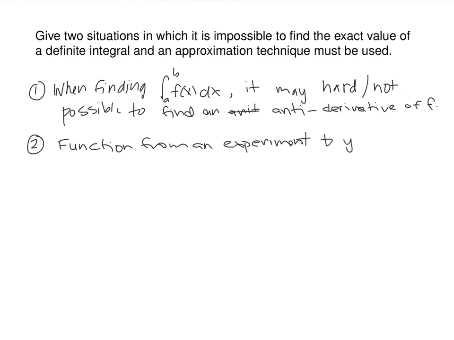And you have data, but no explicit formula. And it's totally possible that you could use those data to find a function, but in many cases, it probably wouldn't be very practical to do so, and you can just use the data to make an estimate.